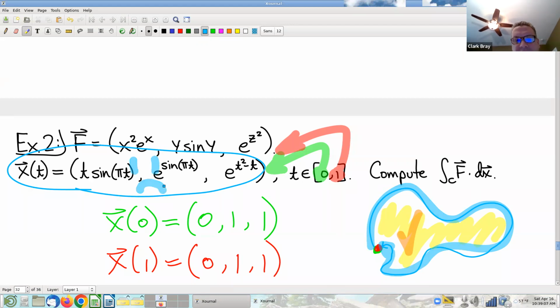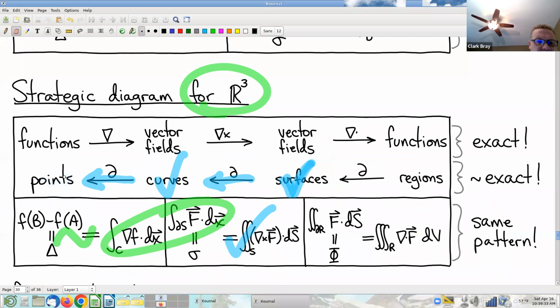So neither one of these approaches is looking all that great. We're about to have a super happy ending here, but neither approach is looking good. Stokes's approach is not looking good because the surface is going to be brutal to find. The fundamental theorem of line integrals approach is looking not good because the anti-gradient is going to be hard to find.